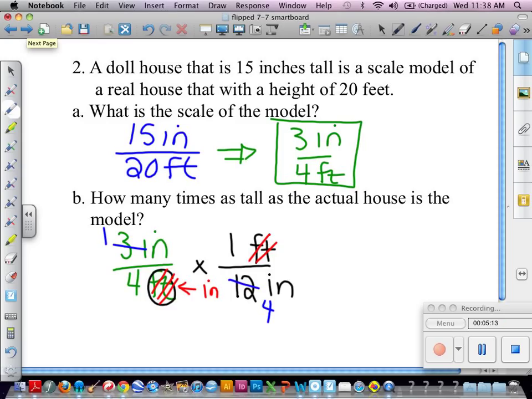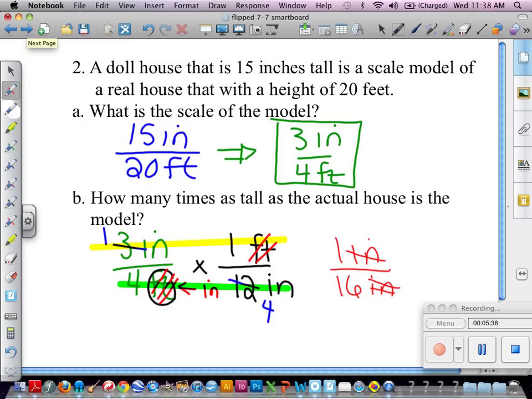So don't use your calculators, people. Now, when I multiply across, I'm getting 1 inch on top. When I multiply across on the bottom, I'm getting 16 inches. And so those labels can cancel too.